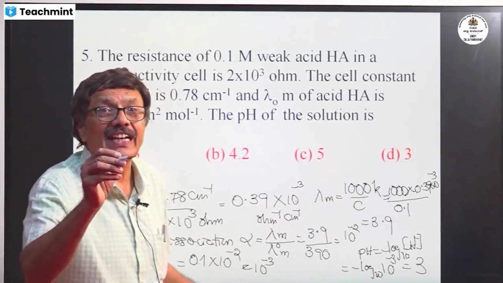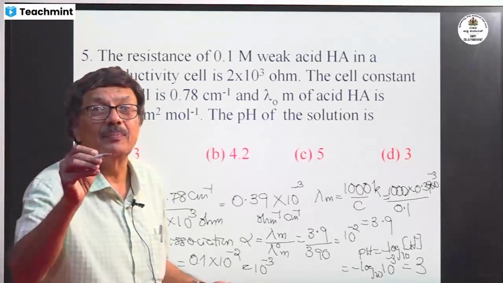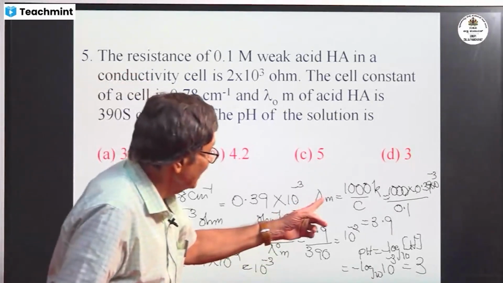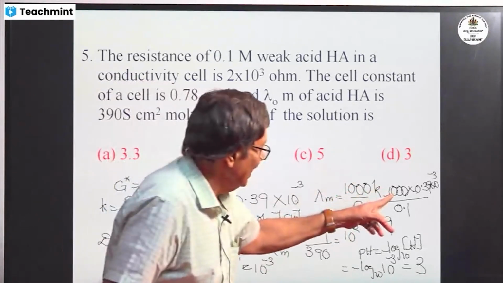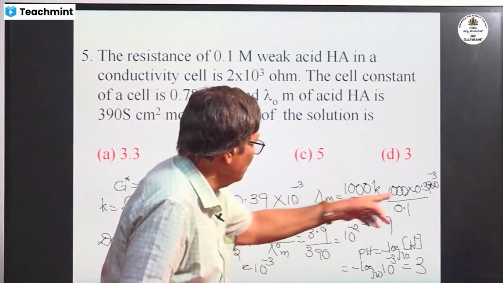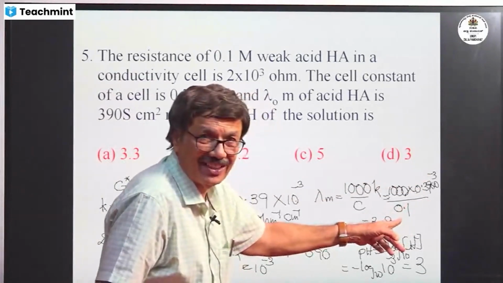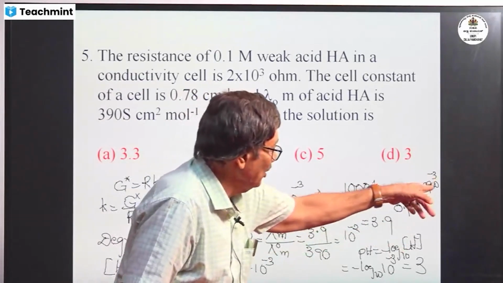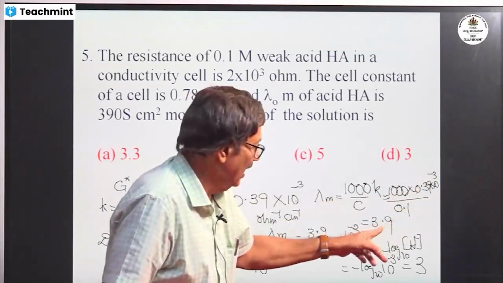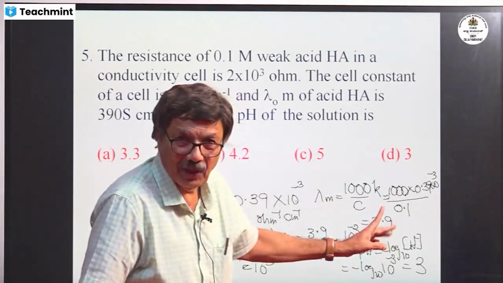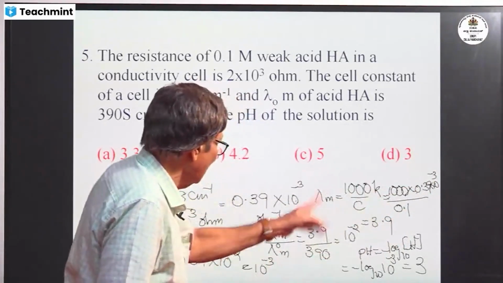When the conductivity is in Siemens per centimeter, molar conductivity is 1000 K by C. 1000 K is 0.39 into 10 to the power minus 3 by the concentration C. 1000 and 10 to the power minus 3 become 1. So ultimately 0.39 by 0.1 is 3.9. Yes, we got the molar conductivity.